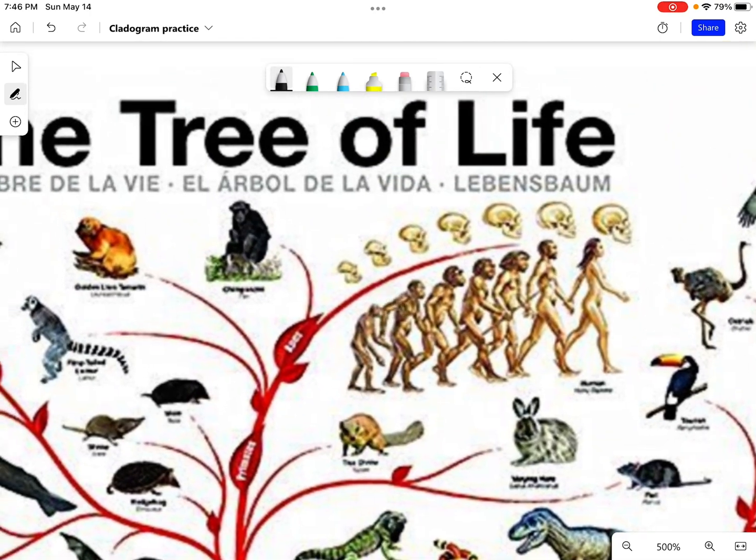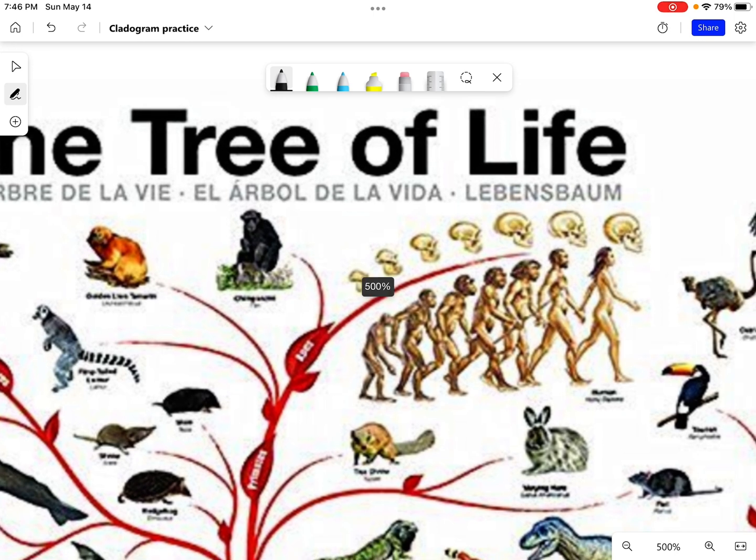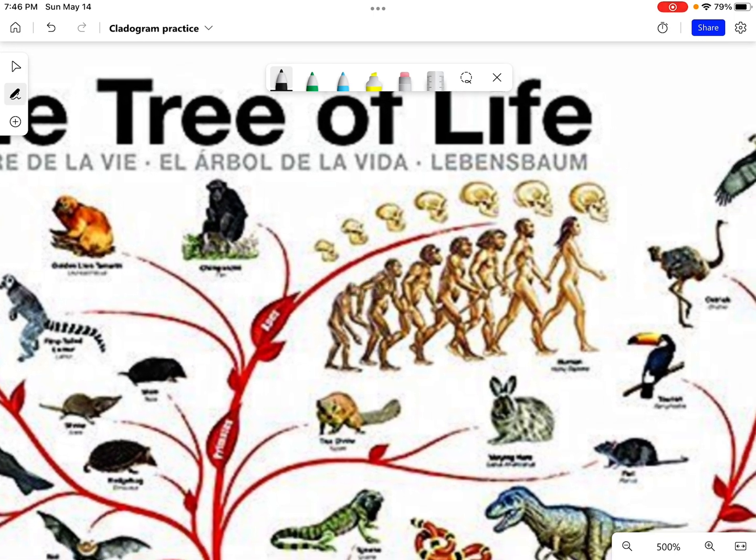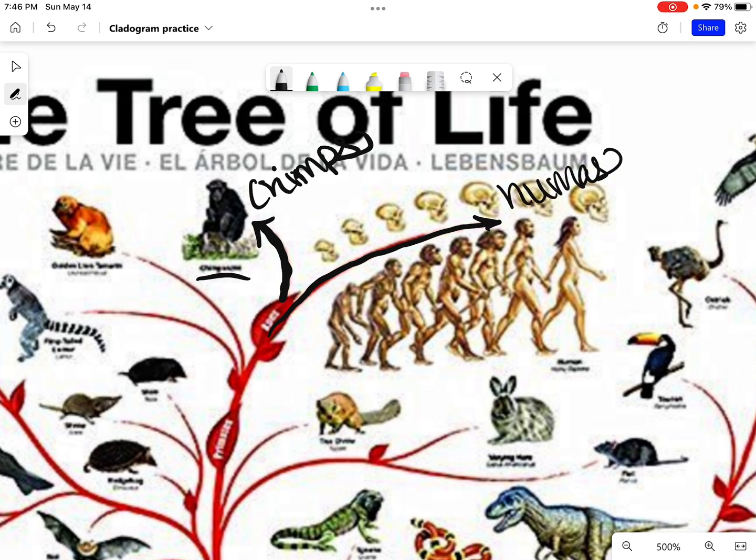It's going to be a little bit grainy, so bear with me. You're going to notice that over here, we have a branch, and off of that branch, we have chimps. And then our main line, our other branch, continues this way, and that is the line that eventually leads to humans.